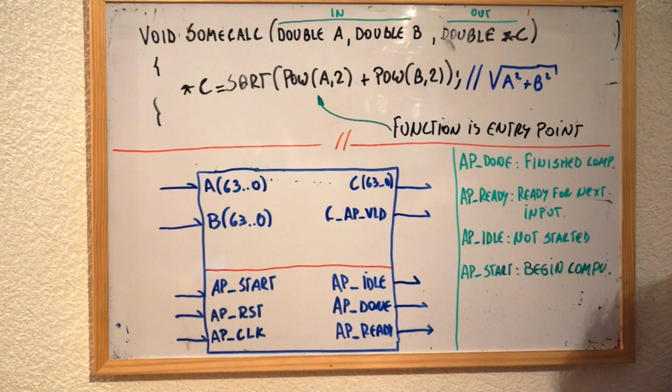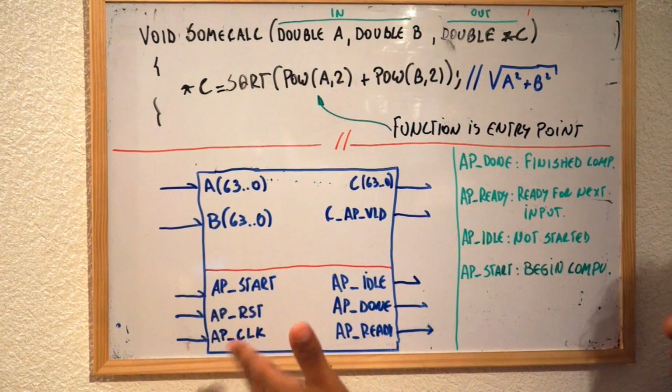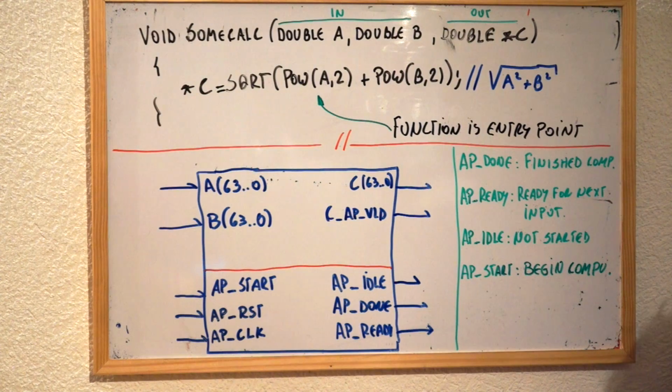Everything that is generated by Vivado HLS is going to have a finite state machine and a data path. All circuits generated by Vivado HLS are by default sequential, obligatorily sequential. Okay? So let's talk a little bit about those signals.